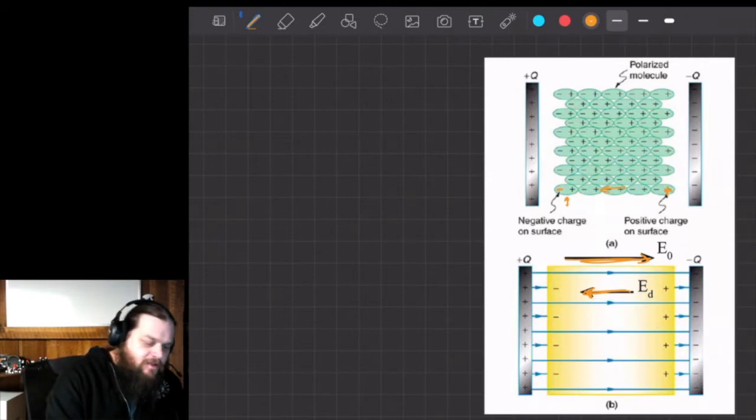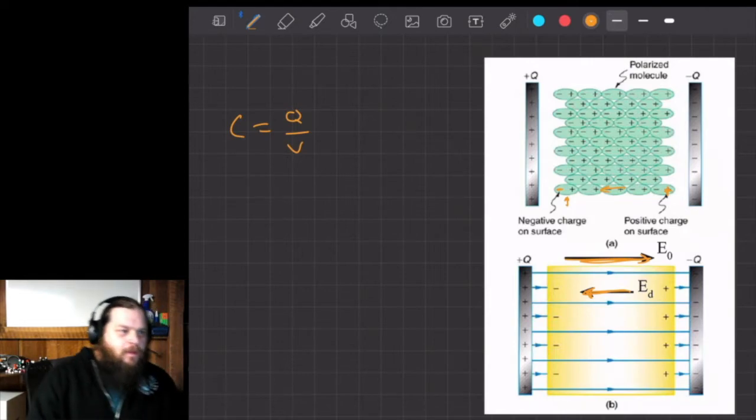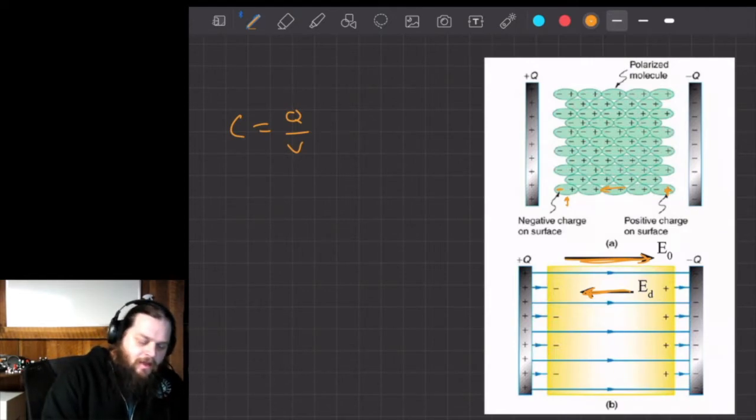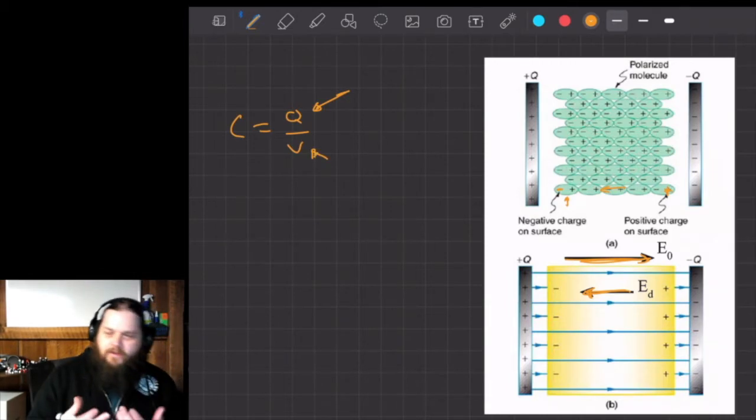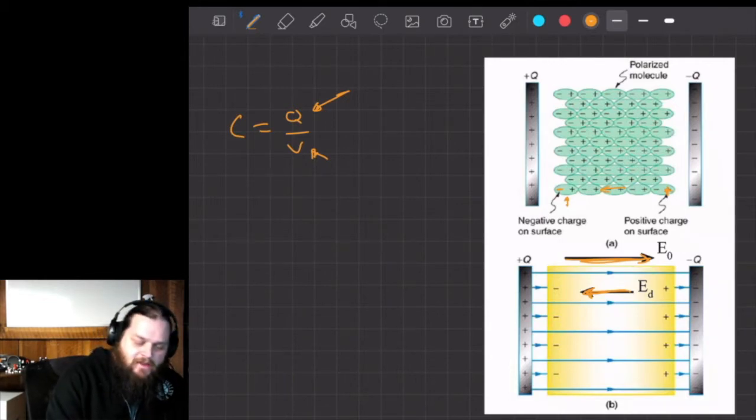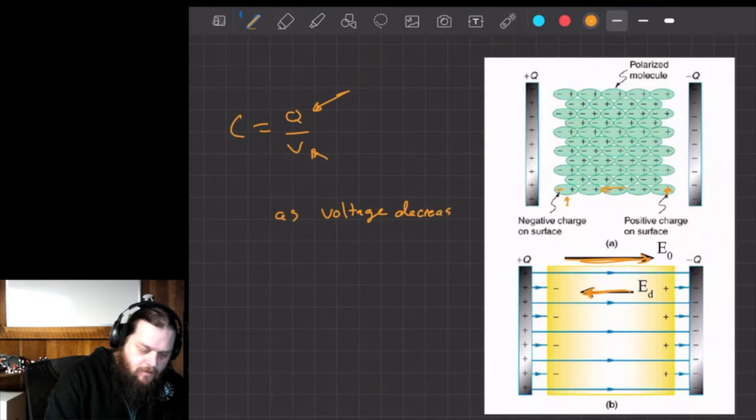Looking at the relationship here, C is equal to Q over V. You have the same charge, but the voltage is now less. And since the capacitance and the voltage are inversely proportional to each other, as the voltage decreases, the capacitance, did I spell that right?